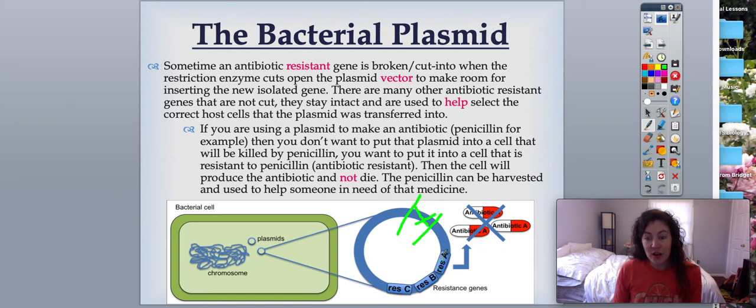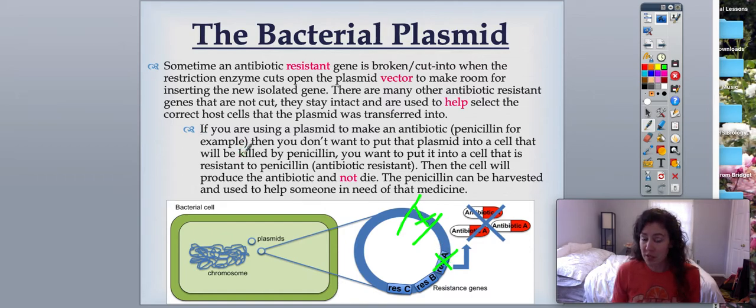Scientists want to make sure they are not cutting an antibiotic resistant gene. Because if they can grow up that bacteria and allow it to make a little bacterial colony, and it's still resistant to a certain antibiotic, the scientist will know, I didn't cut through that gene, which is very helpful.